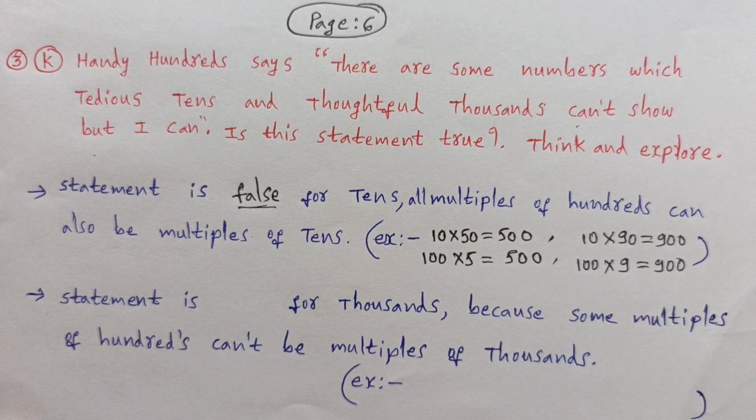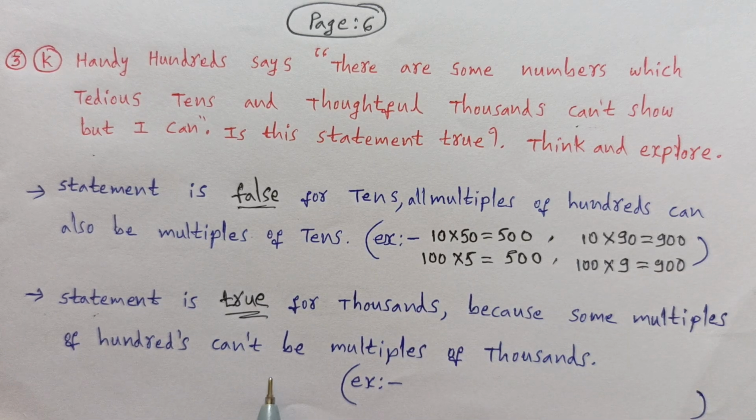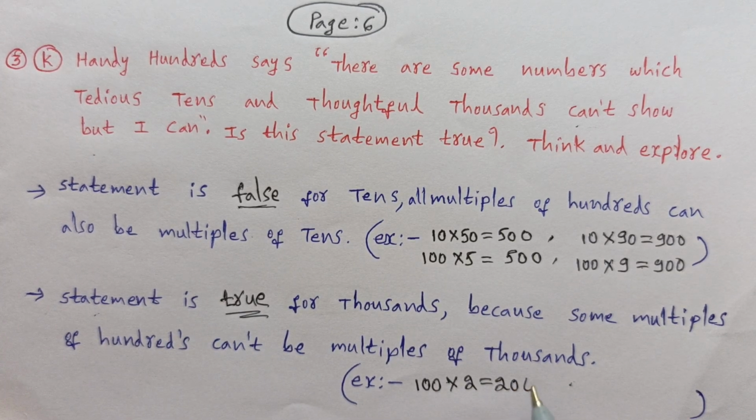But the second one is true, for thousands, because some multiples of hundreds can't be multiples of thousands. Here it is true. Why? Because for example, if I take 100 into 2, what is the result? 200.